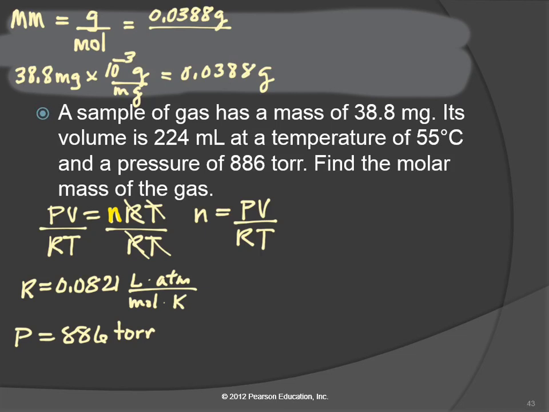Can we convert that to atmospheres? Sure we can. The relationship is 1 atmosphere is equal to 760 torr. So 886 divided by 760 is going to equal 1.1657. It really only has 3 sig figs.